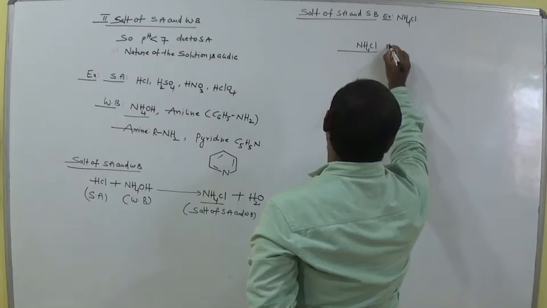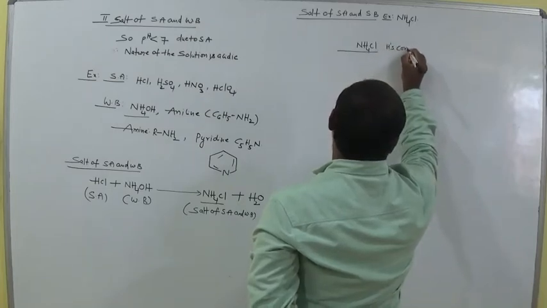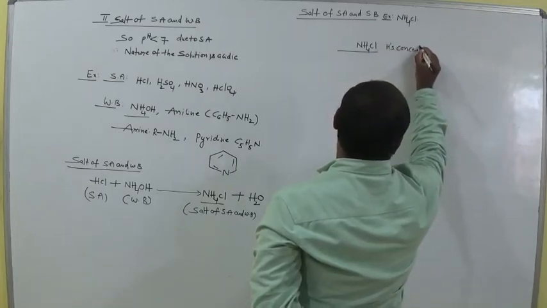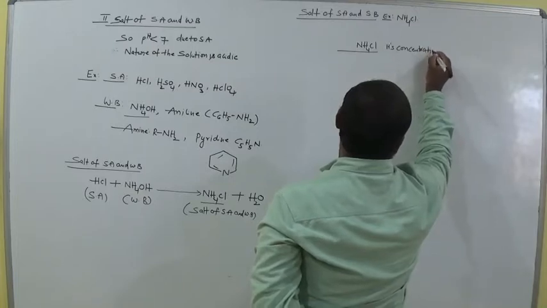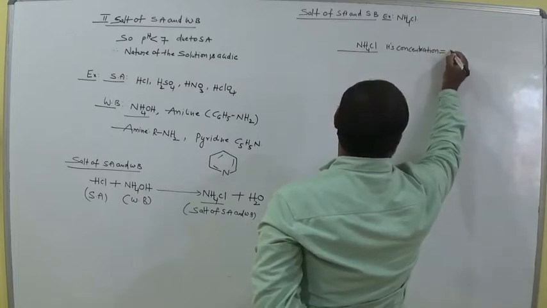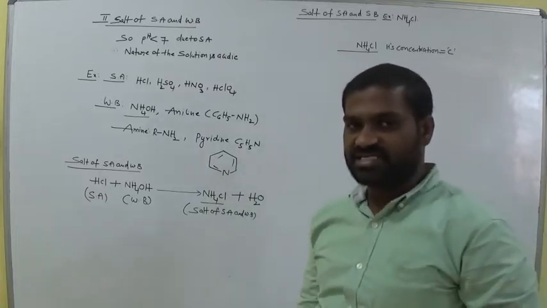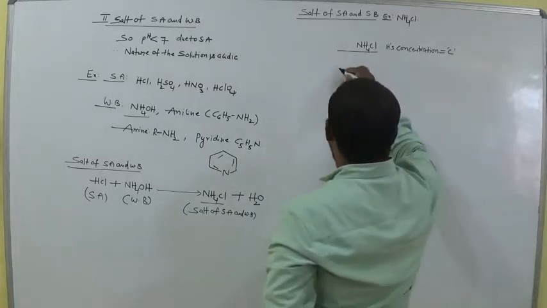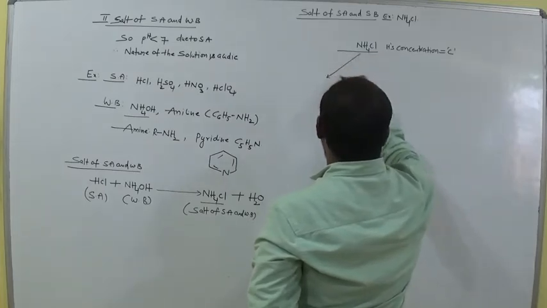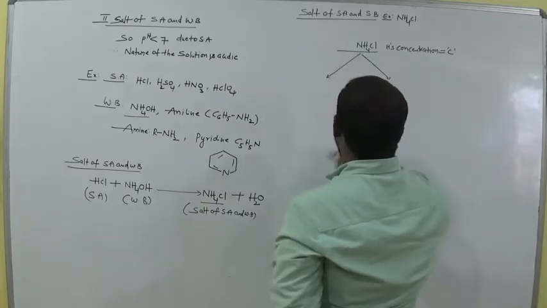Its concentration is taken as C. What is the concentration of ammonium chloride? C. Now, what are the ions present in ammonium chloride?